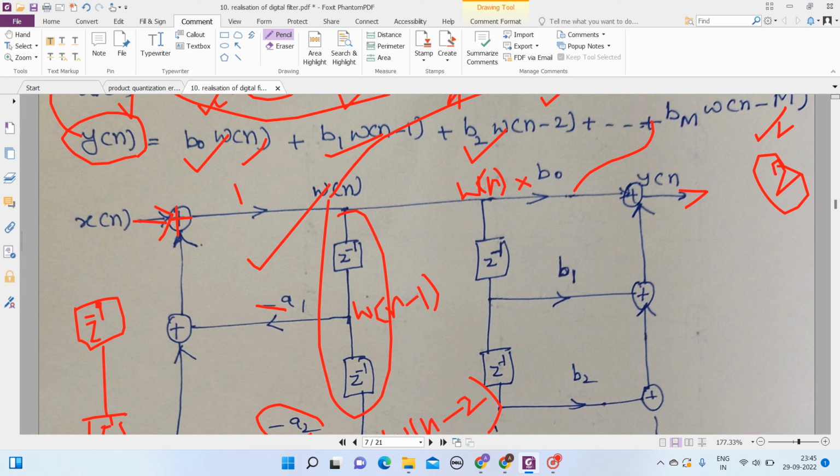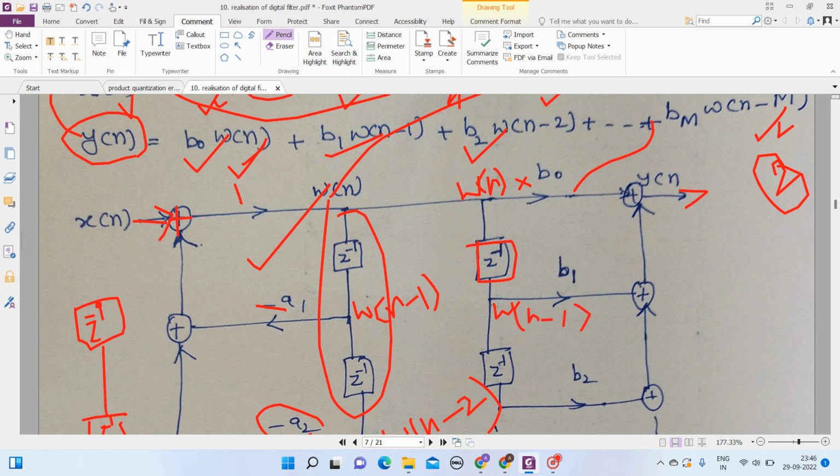So here in the output I will get the first term as b naught w of n, plus the second term is b1 w of n minus 1. For this I have to add one delay element. Now it becomes w of n minus 1, which is multiplied with b1.